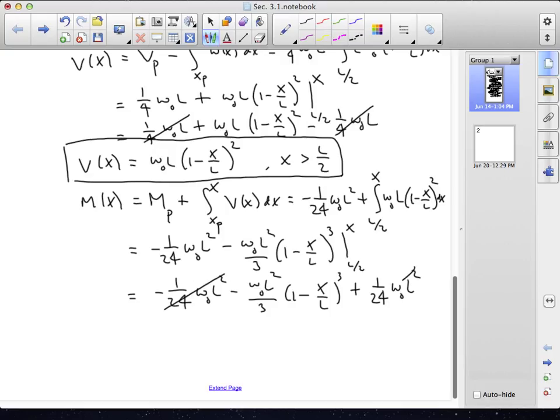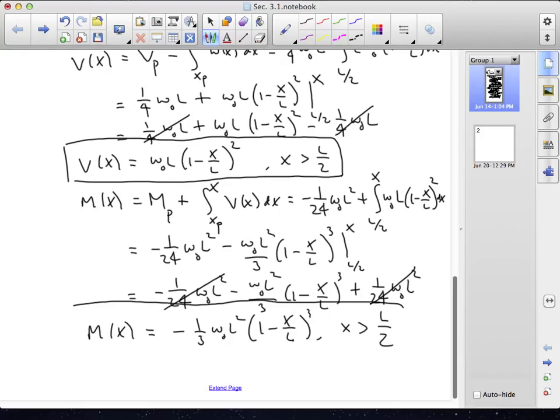And what we're left with is simply a bending moment which is equal to minus 1/3 W0 L squared times the quantity (1 minus x over L) cubed. Note that both sets of these expressions are identical to what we obtained with the equilibrium approach. Here we're just integrating from left to right across the beam, being careful to use appropriate values of w of x, xp, Vp, and Mp as we move from left to right.